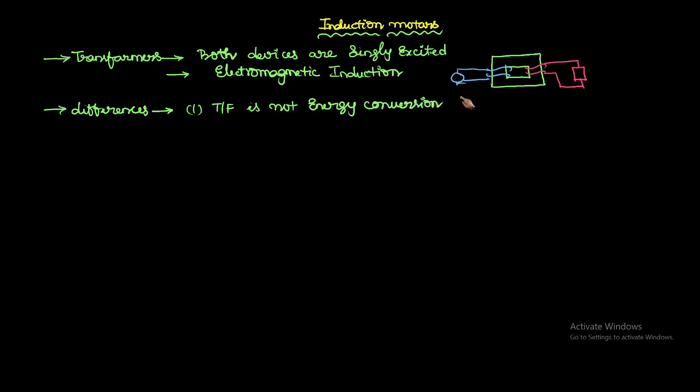This is the first difference we can observe. In a transformer, when you give electrical energy as the input, flux is produced in the middle, and finally you get electrical energy. That means it is transforming power from one magnetic circuit to another magnetic circuit only. So it is not converting any energy.